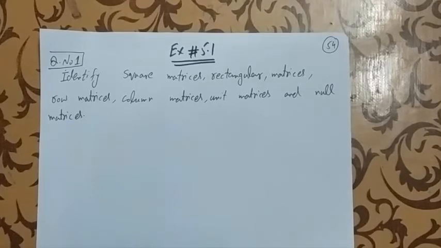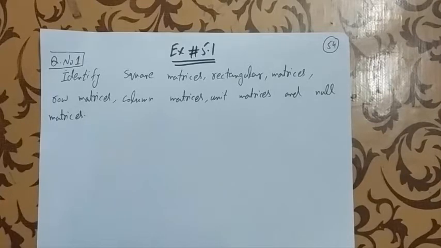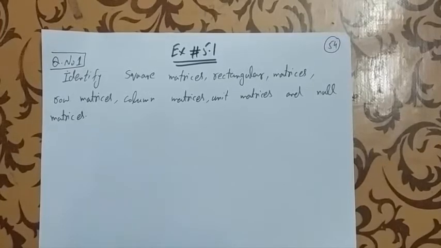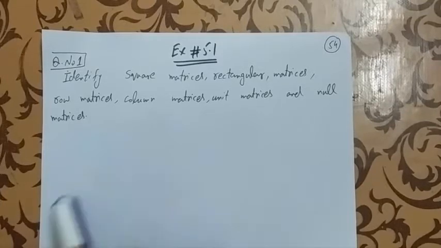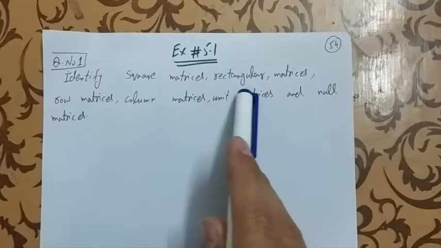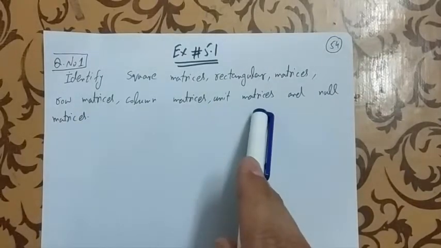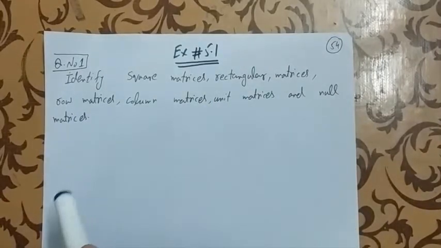In the last lecture we studied matrices, and now we have to do its application, how we apply matrices on different problems. First of all, the first question is to identify square matrices, rectangular matrices, row matrices, column matrices, unit matrices and null matrices.